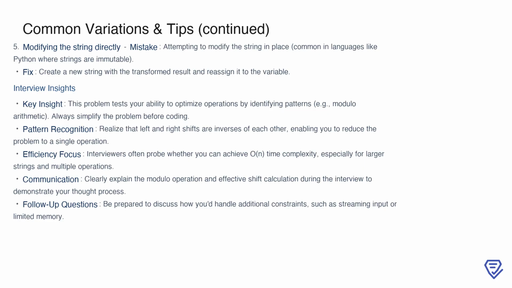When discussing your approach, clearly explain how you use modulo to calculate the effective shift, as it demonstrates your strategic thinking. Finally, be prepared for follow-up questions, such as handling streaming input or working with limited memory. These scenarios test your adaptability and depth of understanding.